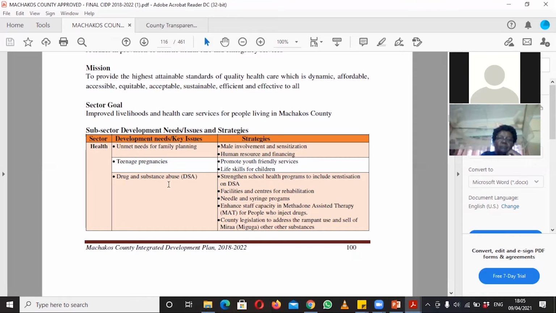And then with regards to drug and substance abuse, how they expect to do that is strengthen school health programs to increase sensitization on drug and substance abuse, facilities and centers for rehabilitation, needle and syringe programs, enhance staff capacity in methadone-assisted therapy for people who inject drugs, and county legislation to address the rampant use and sale of miraa.